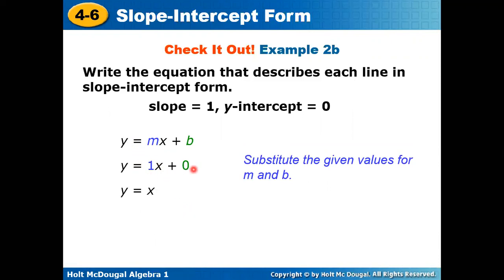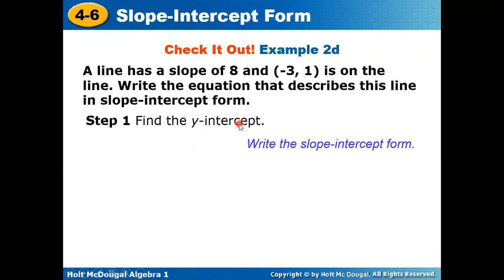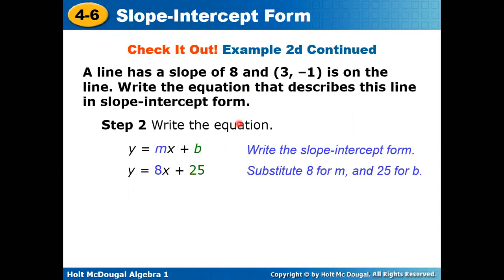Here, 1x plus 0, it's common that 1x is the same as x, and the plus 0 means the same. So this is the equation. A line has a slope, it's the same. Find b first, which will be 5, then write the equation.